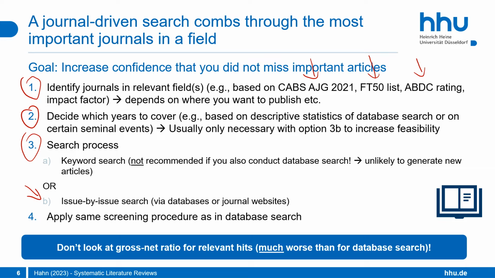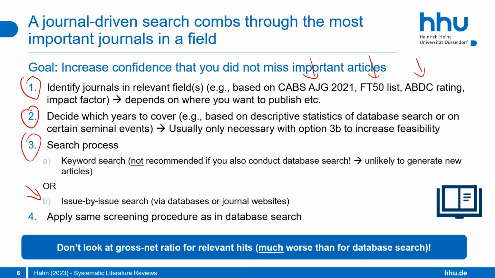In the keyword search, you were looking for specific combinations of keywords which you thought are relevant for your literature search. You don't do that in an issue-by-issue search, so there's much more published in the journals that's not related at all to the specific topic that you're looking at.